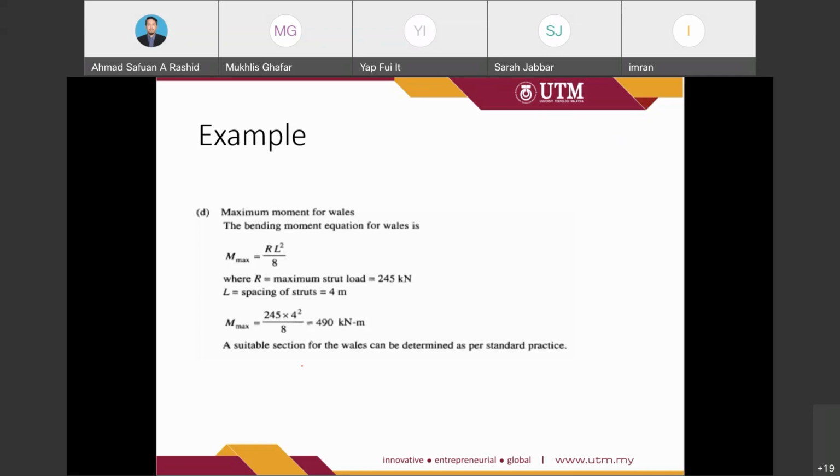A suitable section for the wale can be determined as per standard practice. The same as the sheet pile and also the strut, we need to look at the catalog to identify the suitable material to be used.